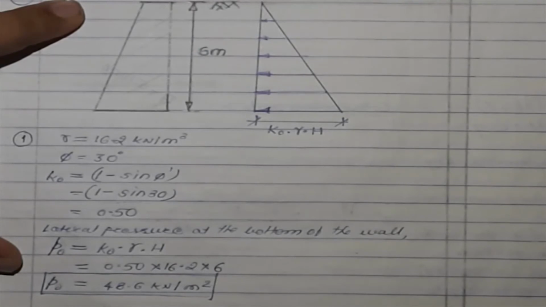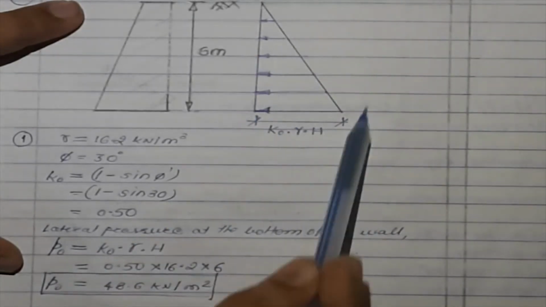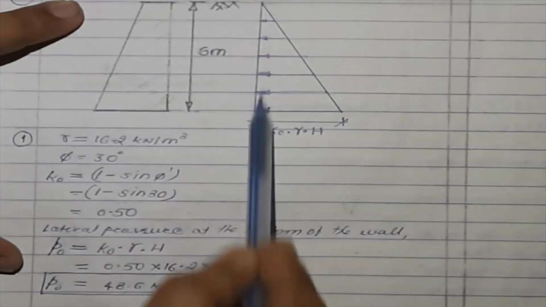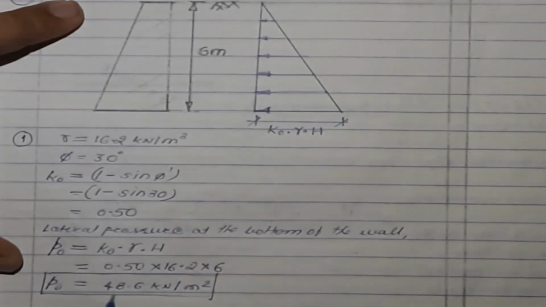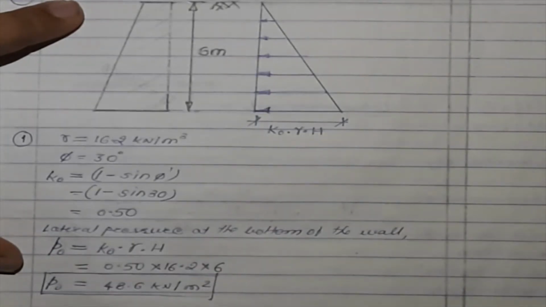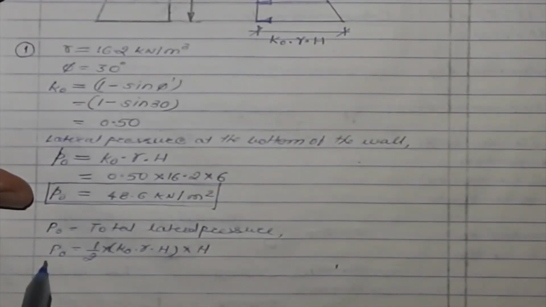Now we will find out the total lateral pressure, which we call capital P0. That P0 would be the area of this pressure diagram, which will be equal to half base into height. So base is nothing but 48.6 and height is the 6 meter distance. All right, so let us calculate capital P0. Thus capital P0 is equal to half K0 multiplied by gamma multiplied by h multiplied by h.